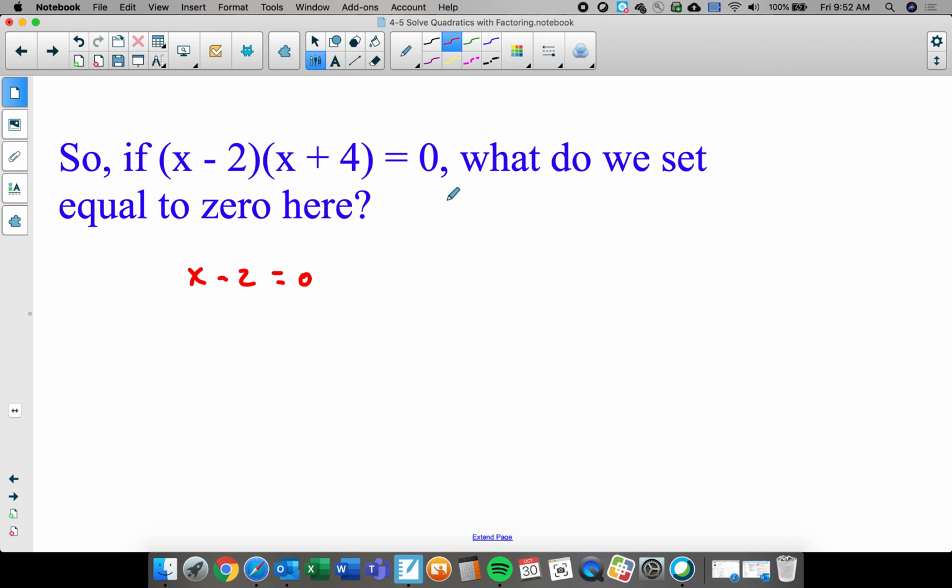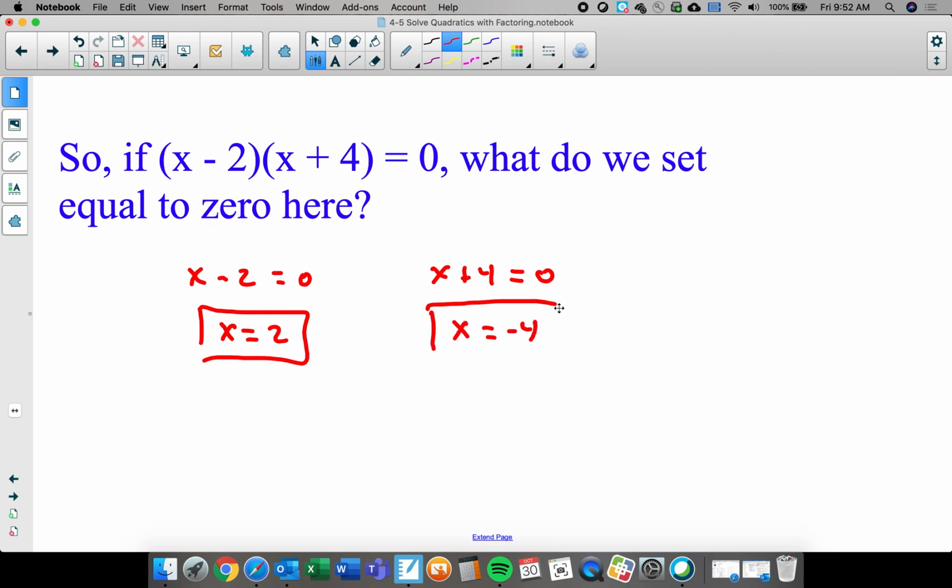Or x plus 4 could equal 0. Therefore, for the first one you add the 2 over, and x equals 2 would be your solution. Over here, subtract the 4, and x equals negative 4 would be your solution. So if this was your problem, here would be your two x-intercepts in this case: x equals 2 and x equals negative 4. You always just take each factor and set each factor equal to 0.